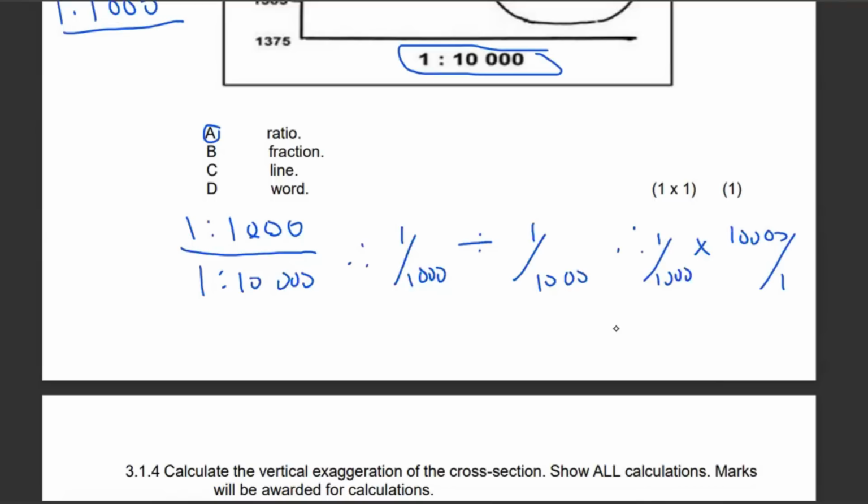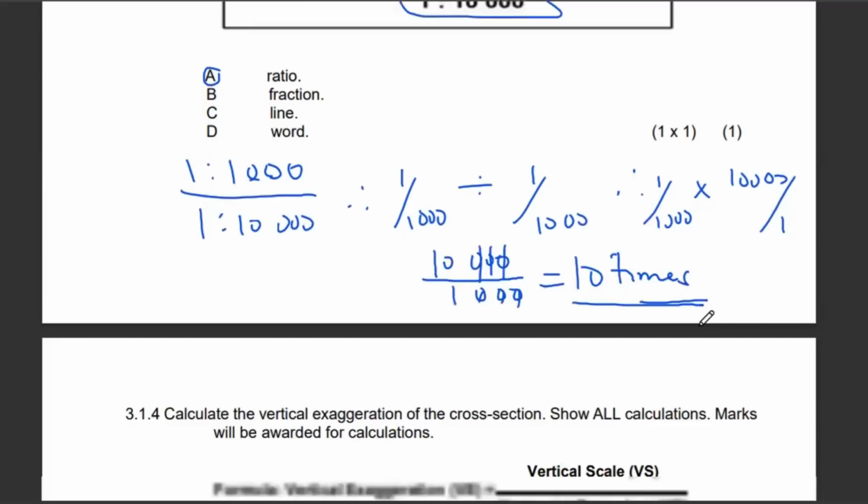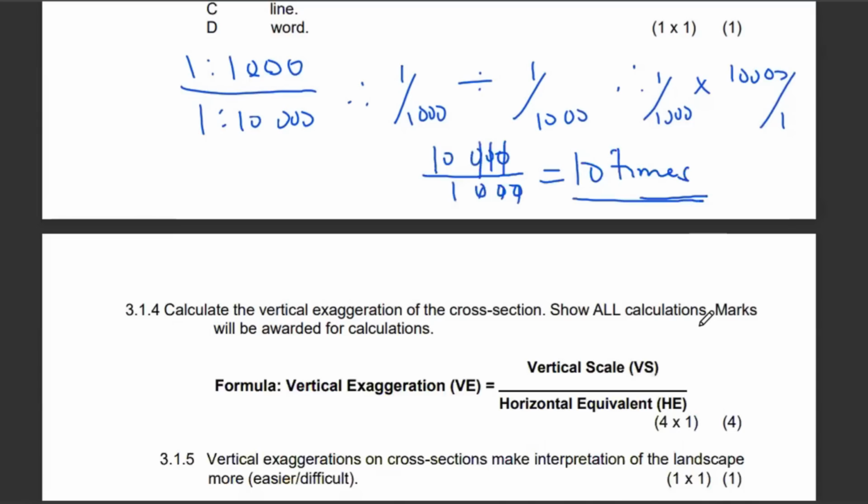So it's now 1/1000 times 10,000 over 1, which is 1 times 10,000, giving us 10,000, divided by 1000 times 1, which remains 1000. We cancel the zeros and remain with 10. So our answer for vertical exaggeration is 10 times, which means our vertical scale has been stretched 10 times so that we can easily see some features on the cross section.